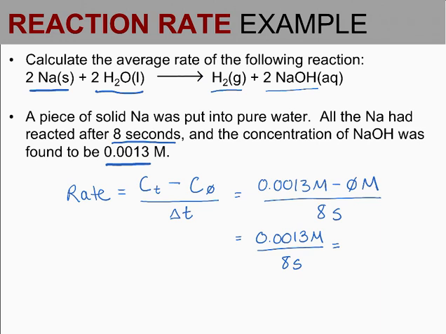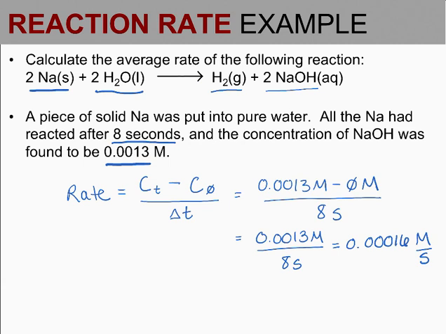And when we do that calculation, we'll end up with 0.00016, and then our units will be moles per liter per second. So kind of strange units, but that's okay. This is a derived value, so the units will look a little funny.